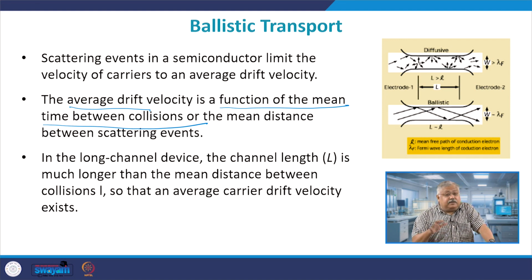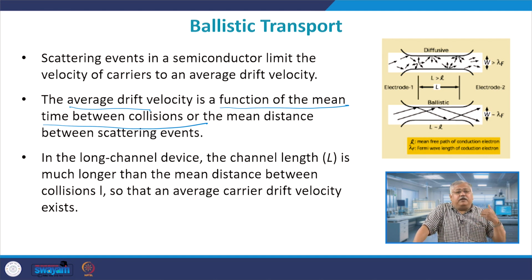However, this happens in a long channel device. When you have a long channel device and the mean time or mean distance between collisions is very small, it is a collision dominated or scattering dominated phenomenon.